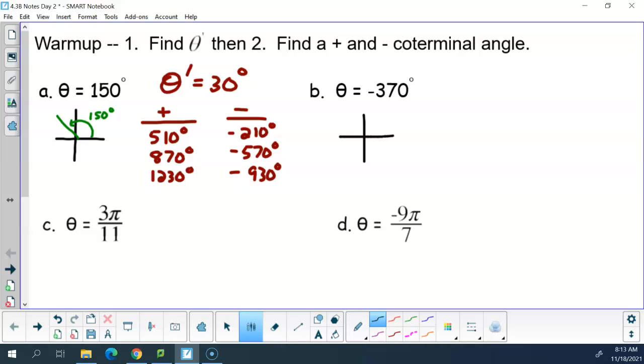Picture for part B. I got it down here because it actually goes there. So that would give me a reference angle of 10 degrees.